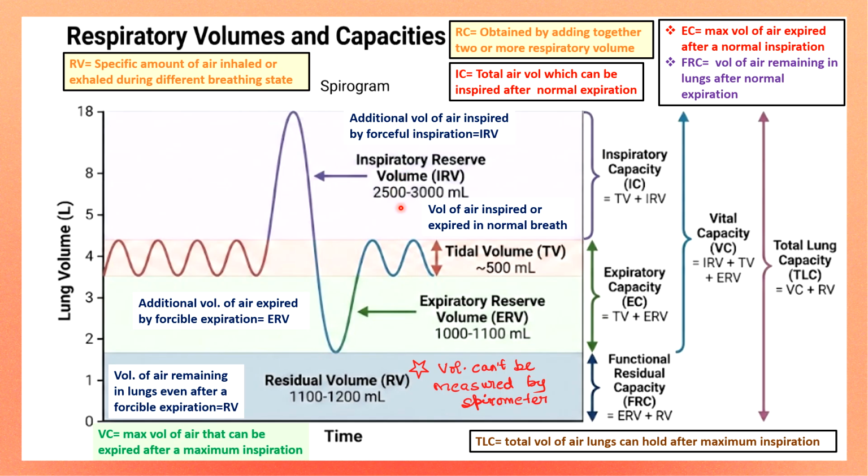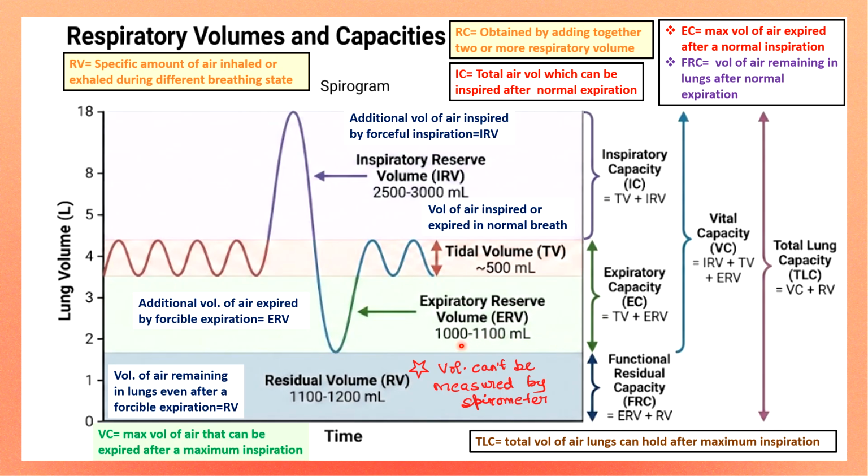That is equal to 2500 to 3000 milliliter. Clear? Now, suppose you want to expire. How much air can you forcibly exhale? That is called expiratory reserve volume, and it is equal to 1000 to 1100 milliliter.